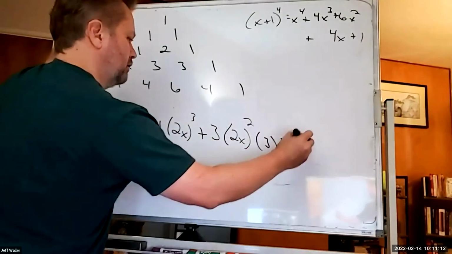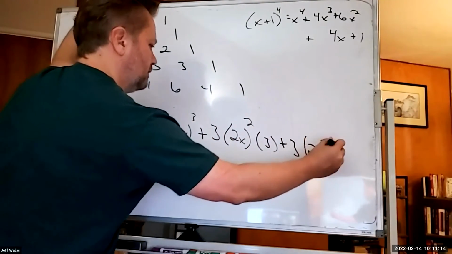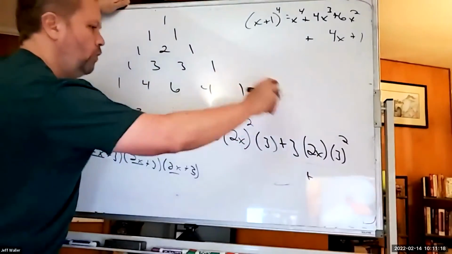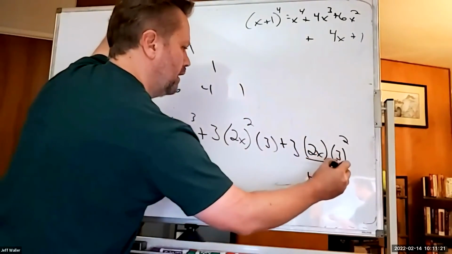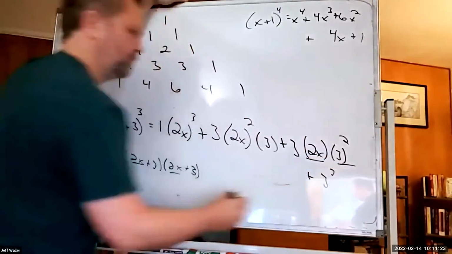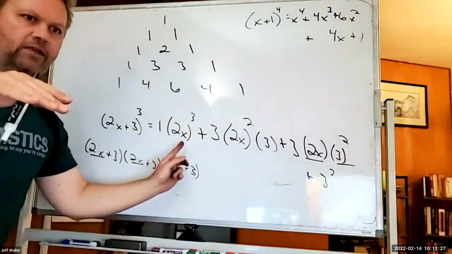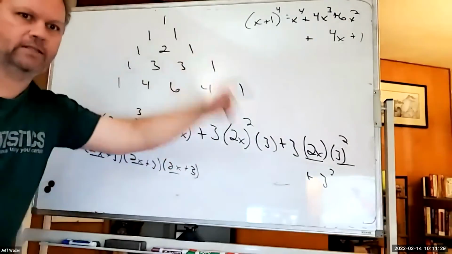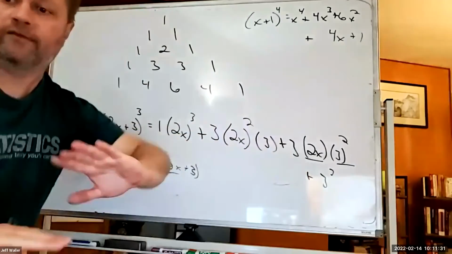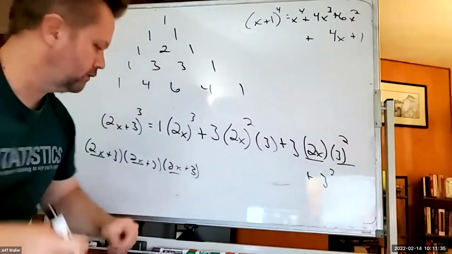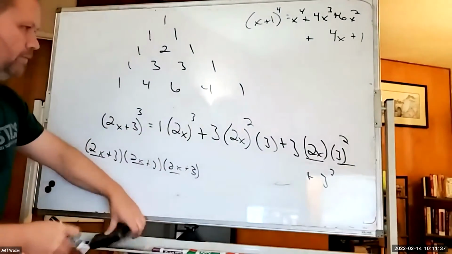The next coefficient is 3, and then I have 1 of these and 2 of these, and at the end, the coefficient is 1, and I have none of these and all 3 of those. So it builds from everything of the first one, and then less and less, and the last one is everything of the last one. I'm just doing this quickly because you could do it without Pascal's triangle, but it makes things quicker.